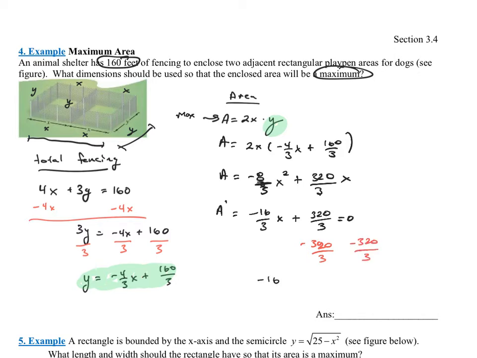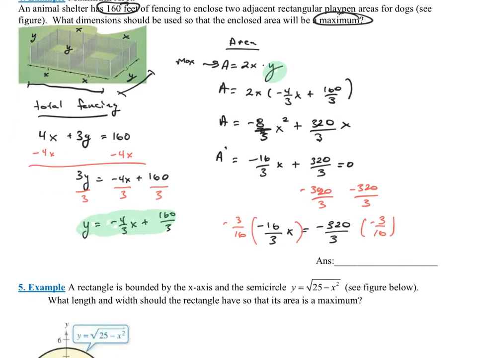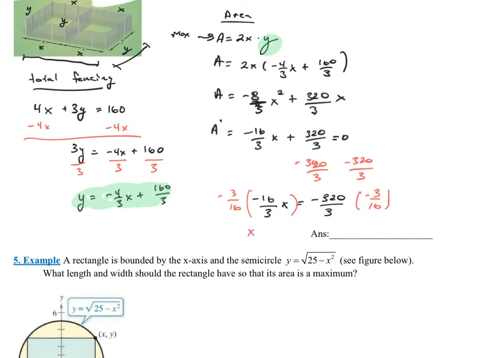I have negative 16/3 x equals negative 320 over 3. Multiply both sides by the reciprocal, negative 3/16. I'm getting x equals 20 when I plug that into my calculator.